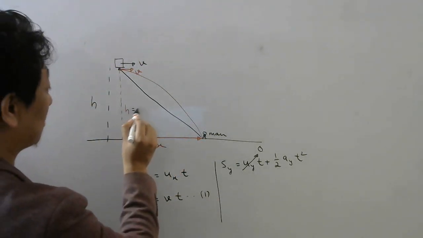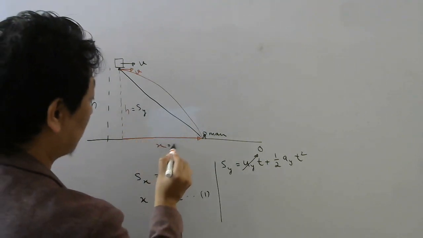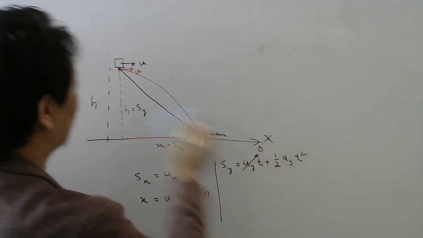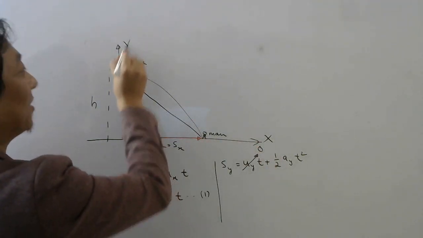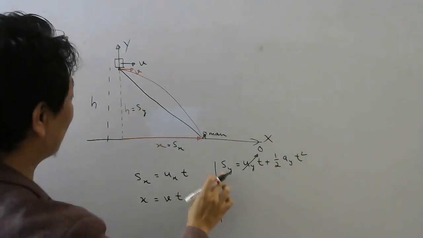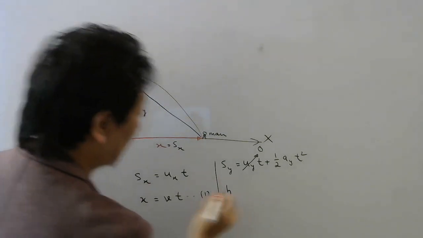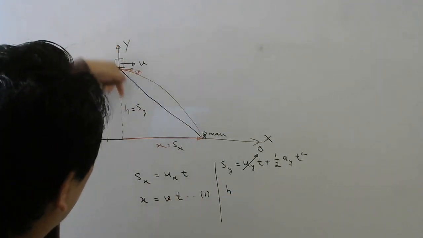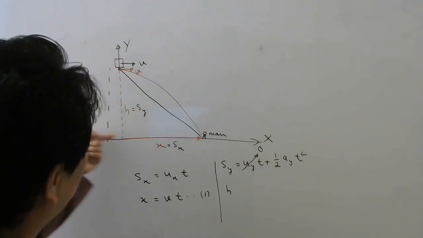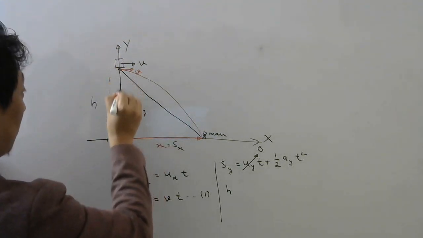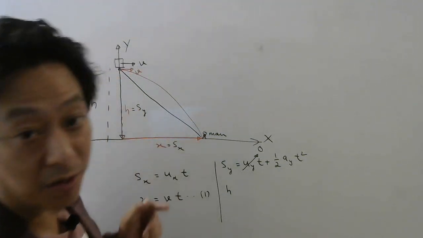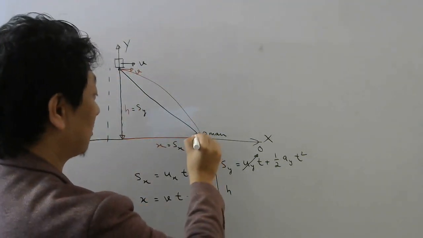So this is your sy and this is your sx. If I call this as x-axis and this as y-axis, that you have to understand, right? So what is your sy? h. Remember, it is downwards because the packet is coming down. So this will be the y component of displacement. This will be the x component of displacement. This is the actual displacement.